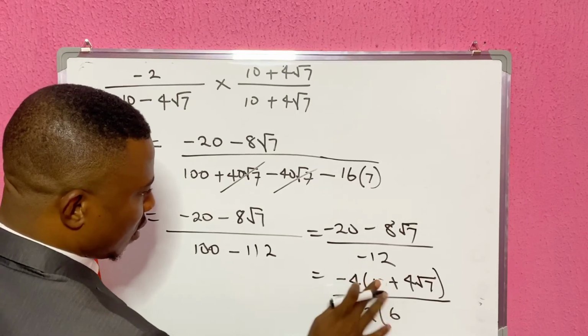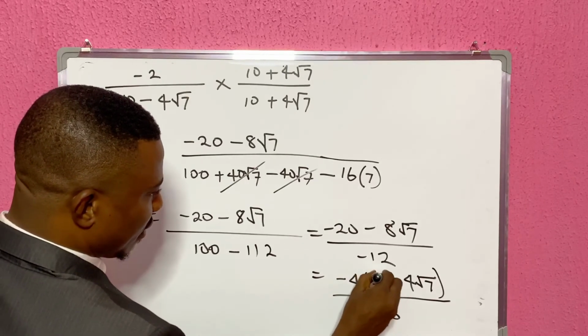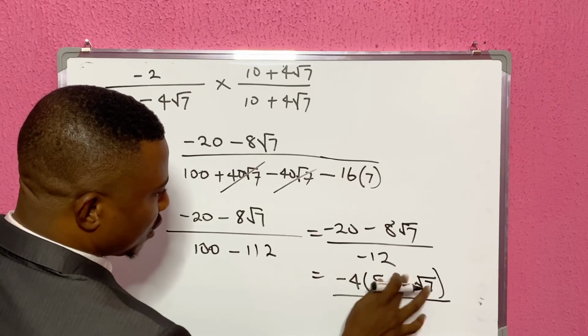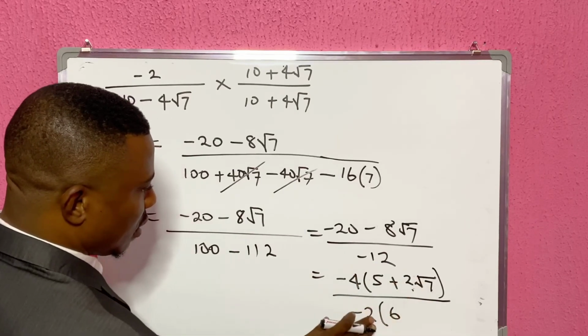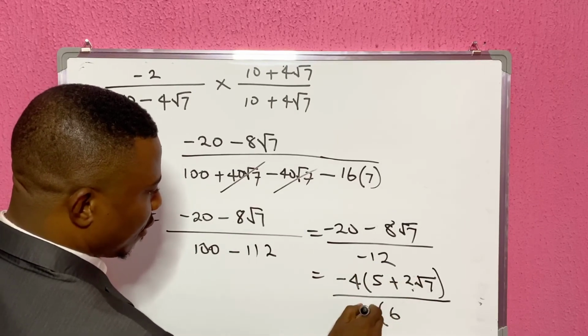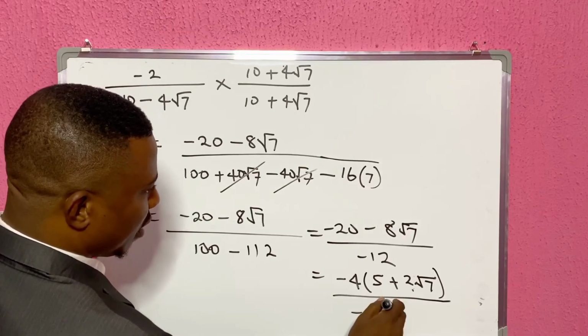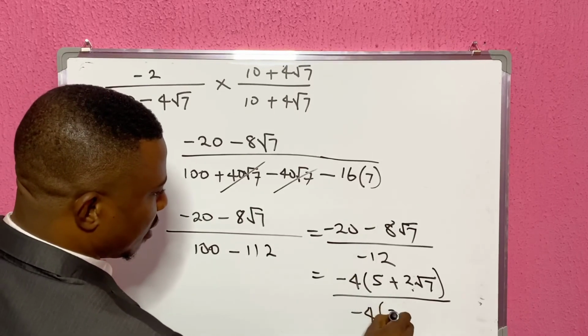Minus 4 will give us 5, give us 2, minus 4 will give us 3.